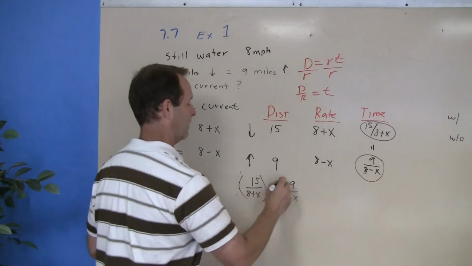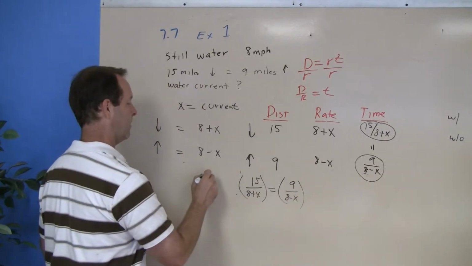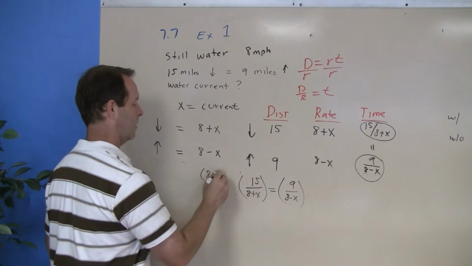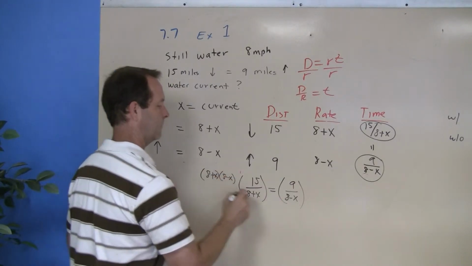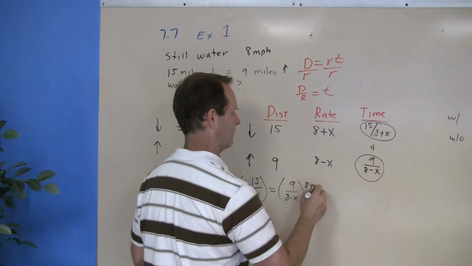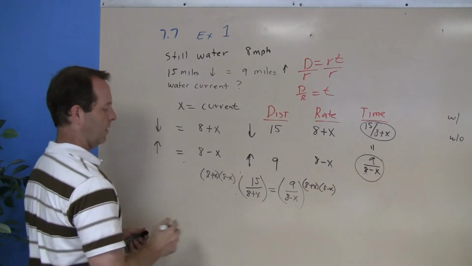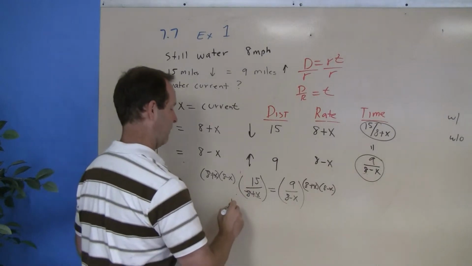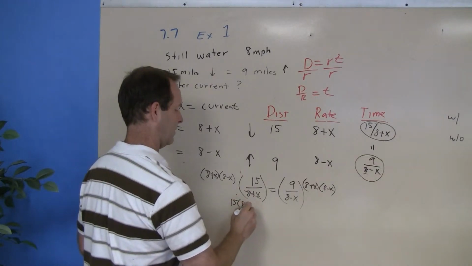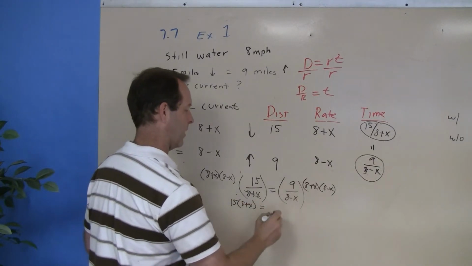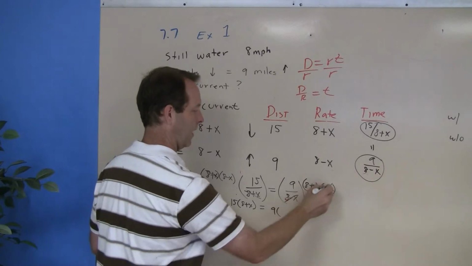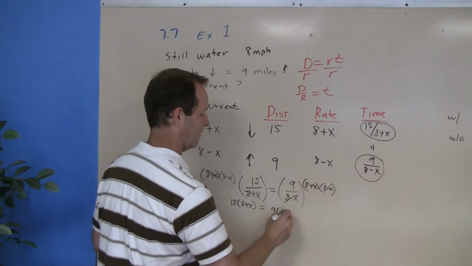I'm going to find a number to multiply both sides by: 8 plus x times 8 minus x. The 8 plus x cancels, so I have a 15 times 8 minus x equals a 9 times 8 plus x. The 8 minus x cancels, 8 plus x.